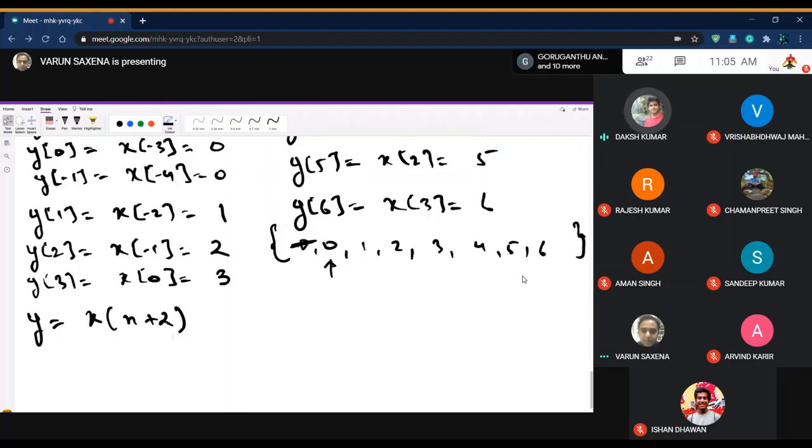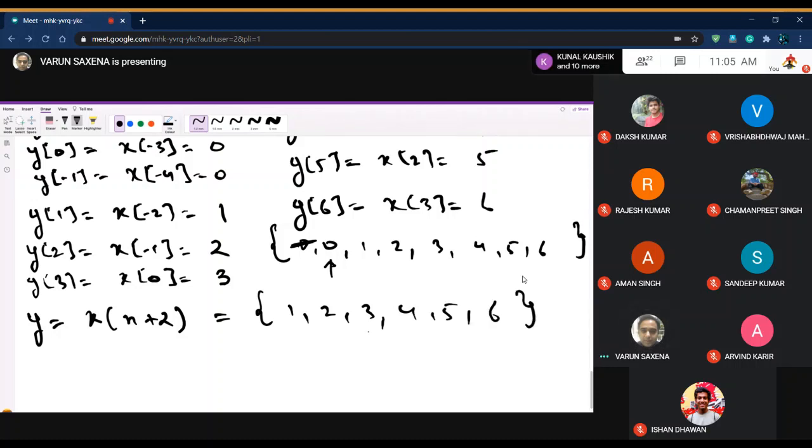The 0 will come at 5. The only thing that is going to change now is that you'll have 1, 2, 3, 4, 5, 6, and it is a left shift. So 0 will move 2 places. You can check that also.